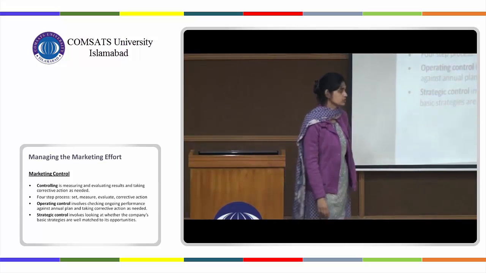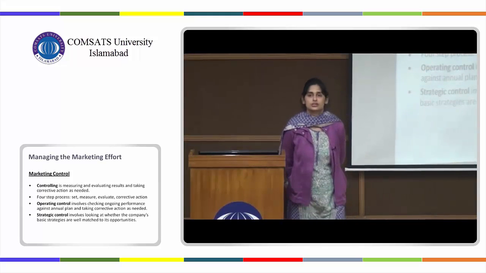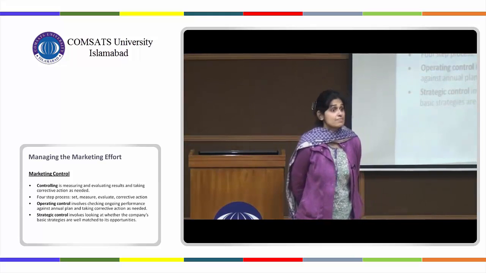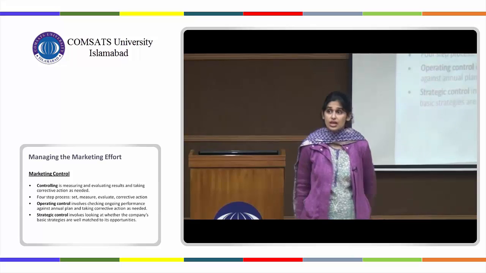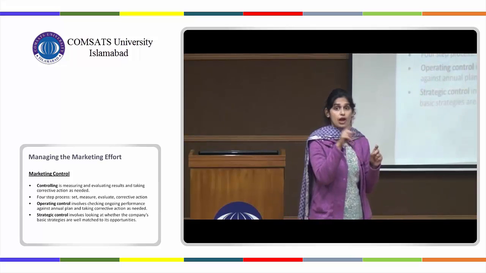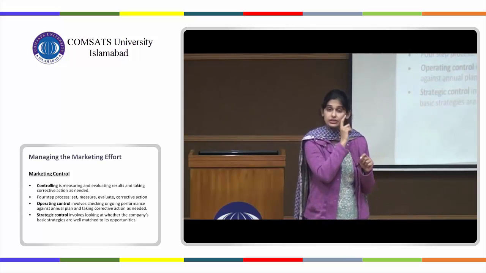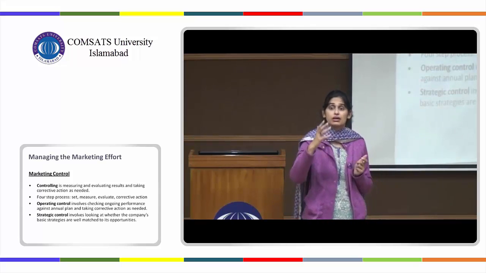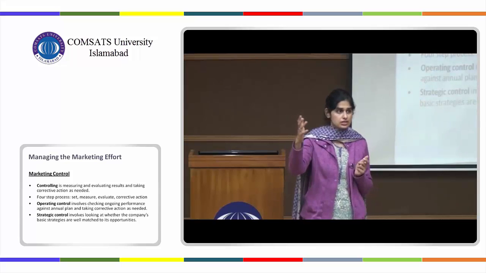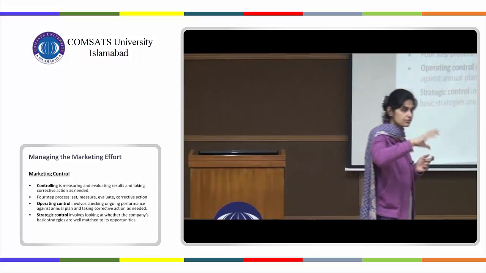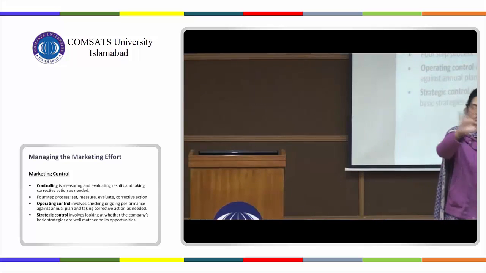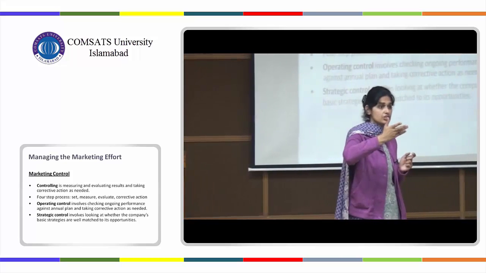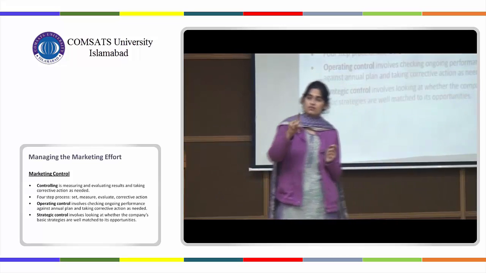Then comes the strategic control. What is strategic control? Now, we talked about the environment changing continuously, right? So let's say you've made a strategy, and we talked about a strategic plan being there for 3 to 5 years, right? So a strategic plan is for a longer period of time. Let's say the environment has changed, so the company needs to change with the environment.